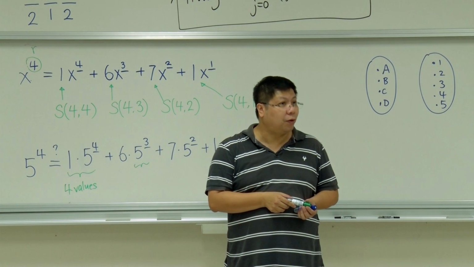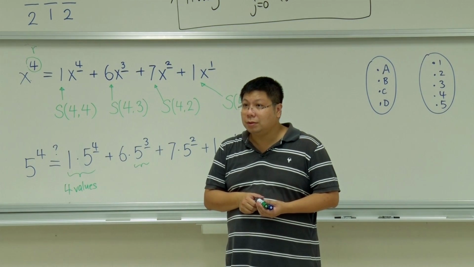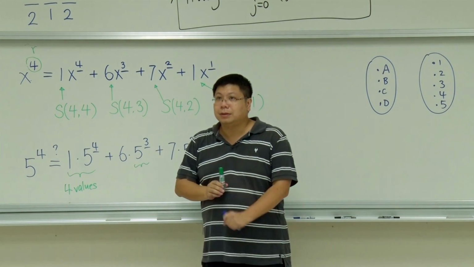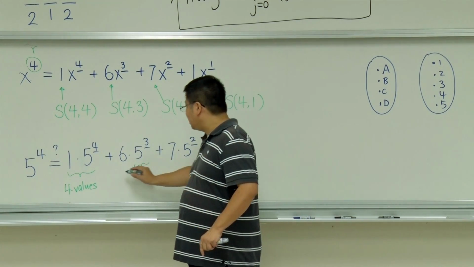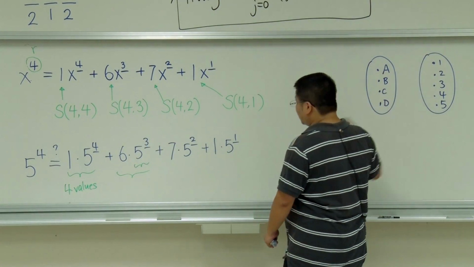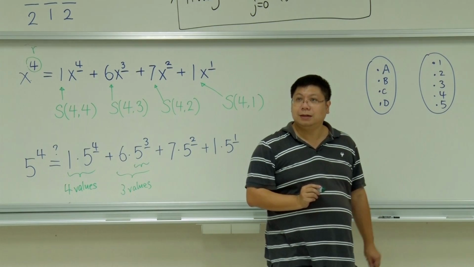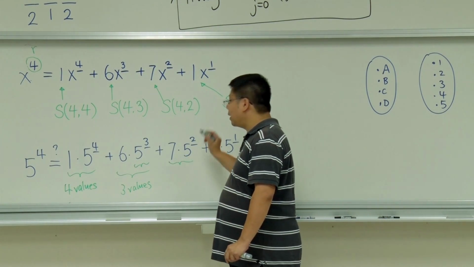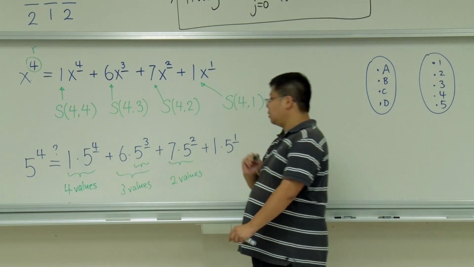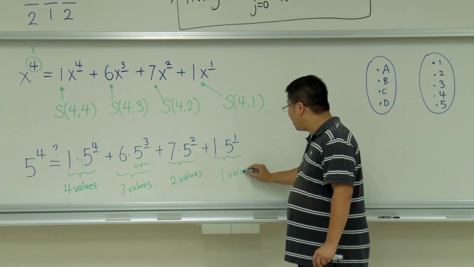There are 5 times 4 times 3 ways to select 3 different values for A, B, C, D to use, and this 6 comes from the different ways that A, B, C, D are mapped to those values. So altogether, this is the number of functions that use exactly 3 values. And then this is the number of functions that use exactly 2 values. And this is the number of functions that use exactly 1 value.